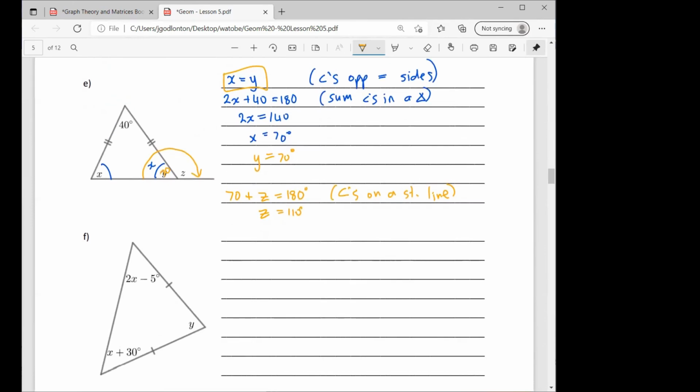So last question for this evening is F, and I'm looking for the angle of X and of Y. Just remember what these lines are telling us, like little clues that they are giving us.